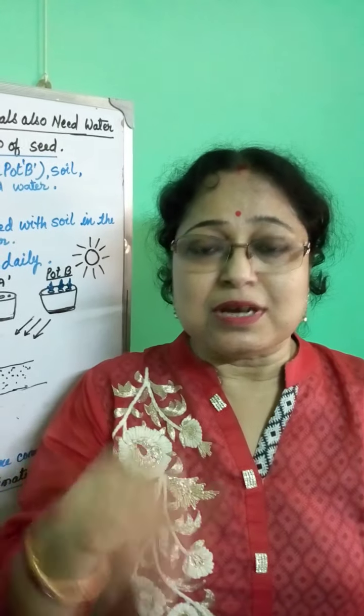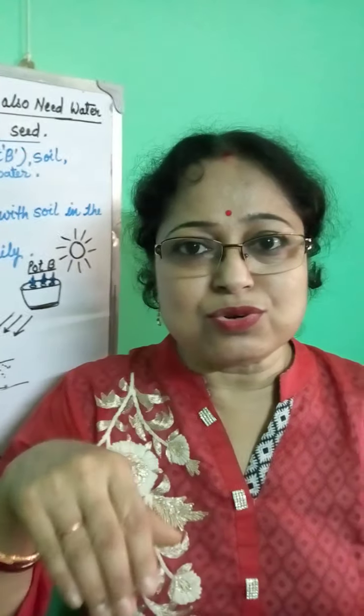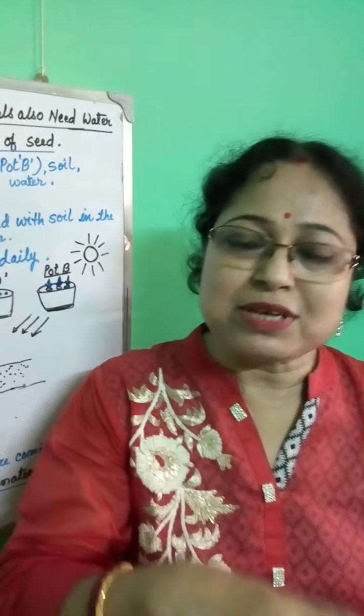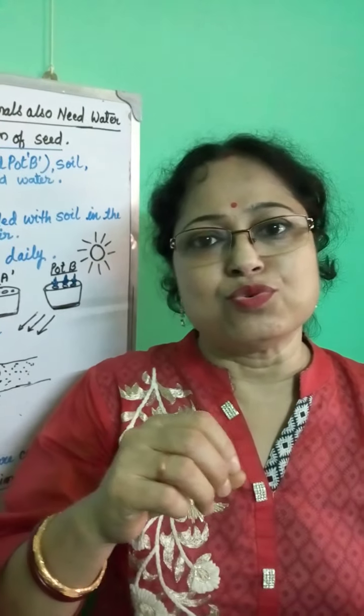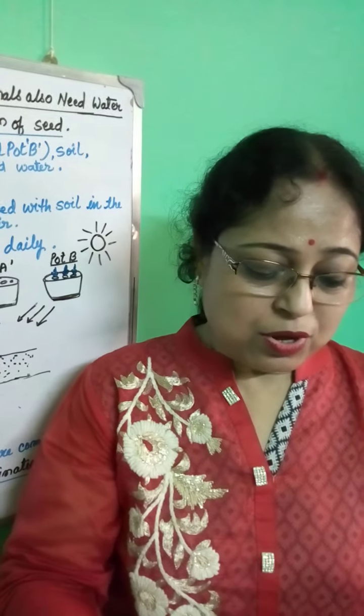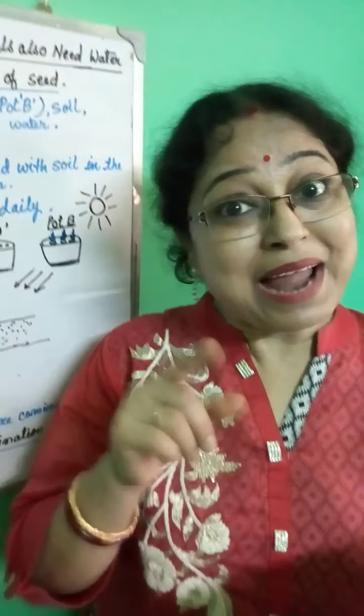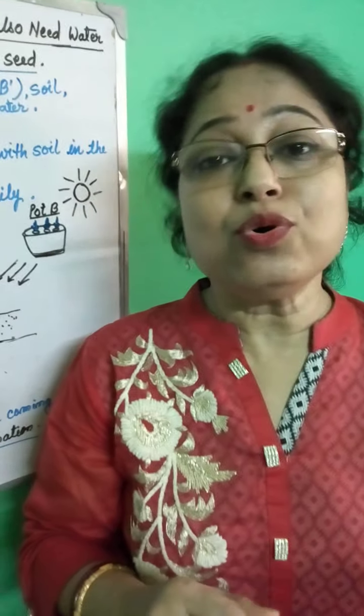Rainwater goes into the soil, and plants get water from the soil through their roots. So students, plants get water through roots.